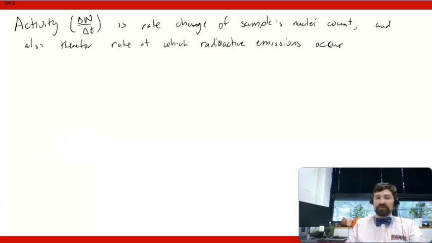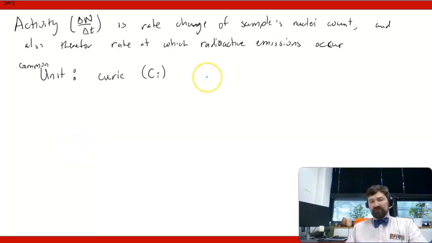Now, there are 2 common units used. The first common unit is the Curie, abbreviated Ci. It's named after Madame Curie, and I guess you could argue after her husband, Pierre, with whom she shared one of her Nobel Prizes. The Curie basically represents about 3.70 times 10 to the 10 decays per second, and therefore that many particles emitted per second.